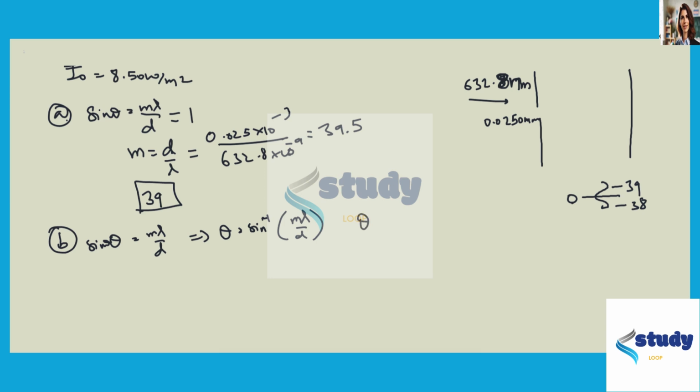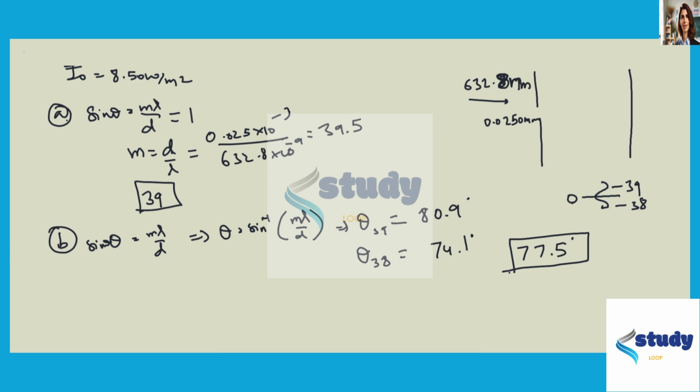So the theta corresponding to 39th dark fringe turns out to be 80.9 degrees, and the theta corresponding to the 38th dark fringe corresponds to 74.1 degrees. So the midpoint will correspond to their average, which is 77.5 degrees.